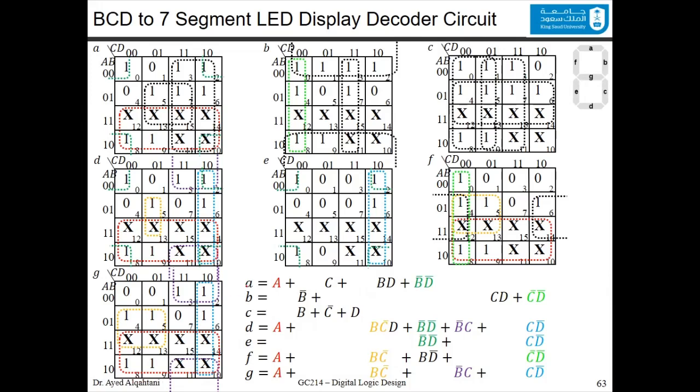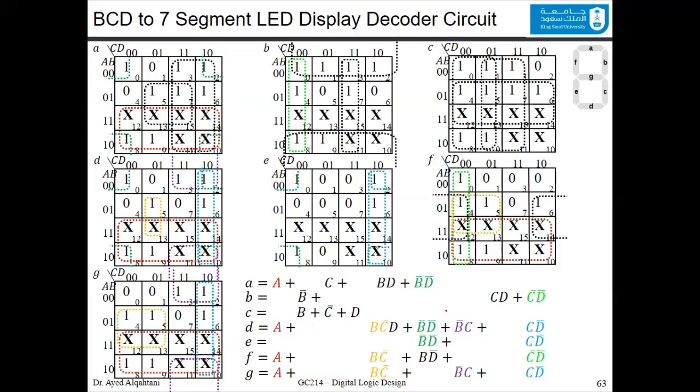After you get all the functions based on the Karnaugh map simplifications, now you can draw the logic diagram. Before we go there, you see the common terms are shown in colors between the different segment functions.